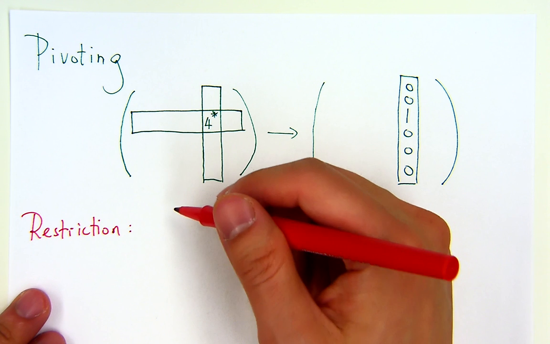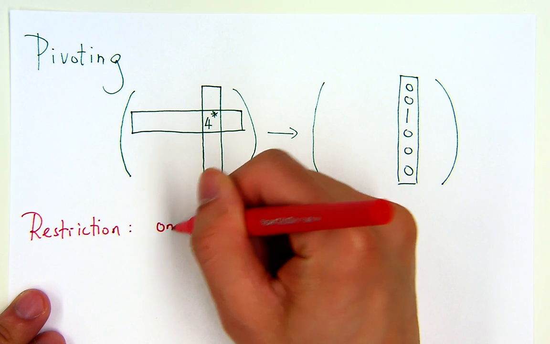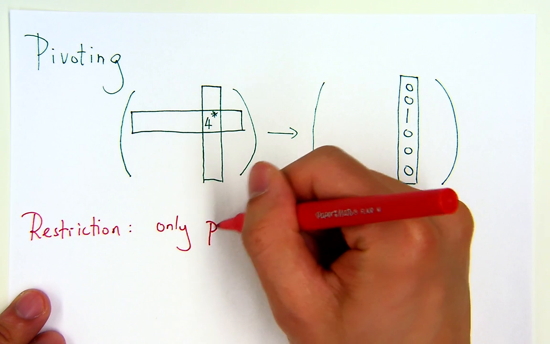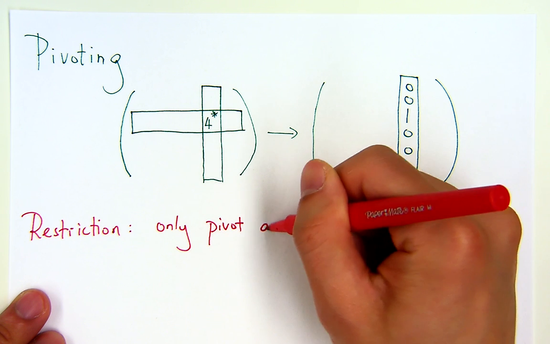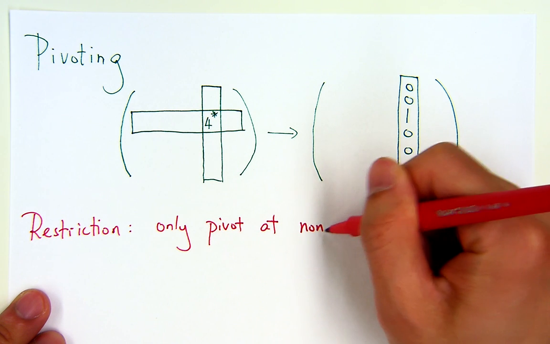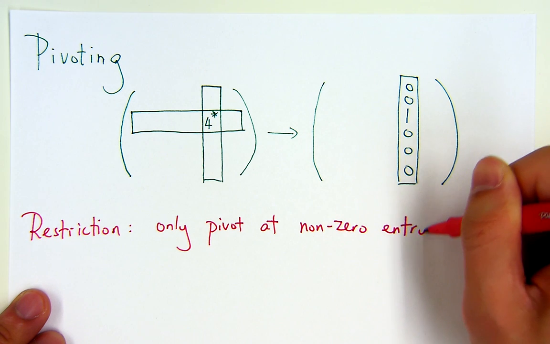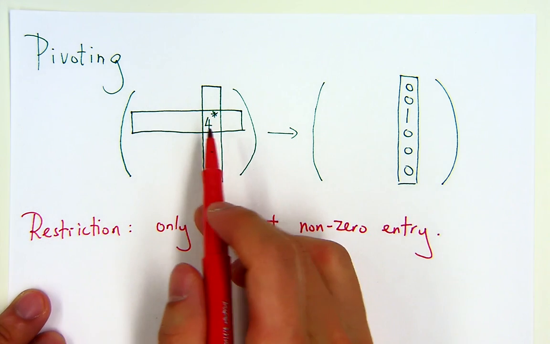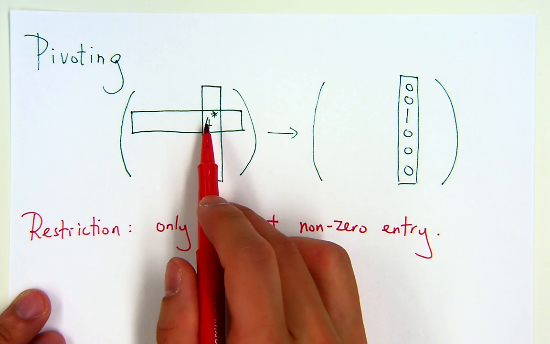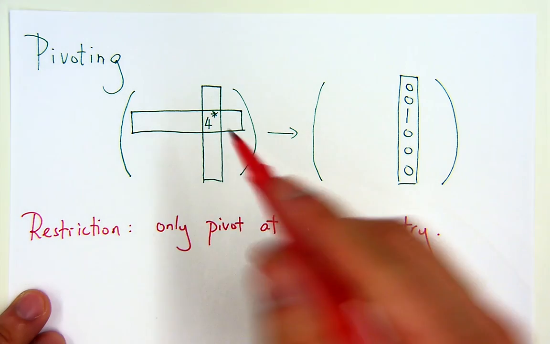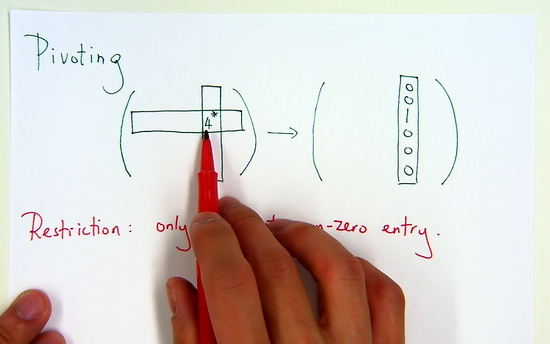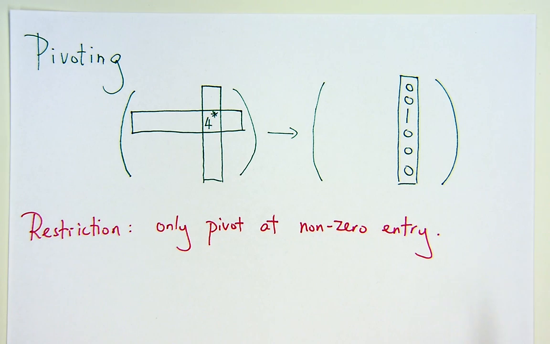Please bear in mind, we can only pivot at a non-zero entry. In other words, if this is not a 4 but a 0, then you cannot pivot it. Whenever this is not 0, then you can always pivot at this entry.